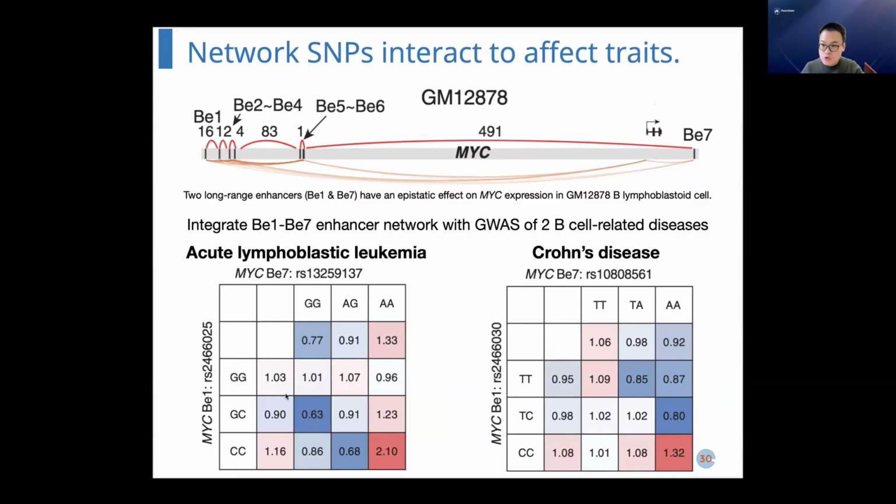I use the GWAS data to evaluate the individual odds ratio, or effect size, for these 2 SNPs in 2 different enhancers. Then I can also evaluate the joint odds ratio of these 2 SNPs simultaneously, and this allows me to identify the genetic interaction effect. Here we can see the interaction effect is a lot larger than the individual odds ratio derived for each SNP alone. And we observe the same pattern for Crohn's disease.